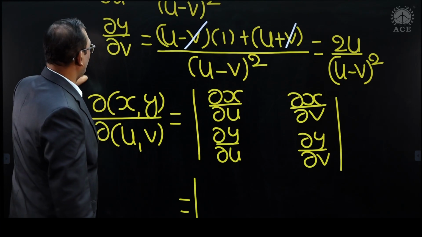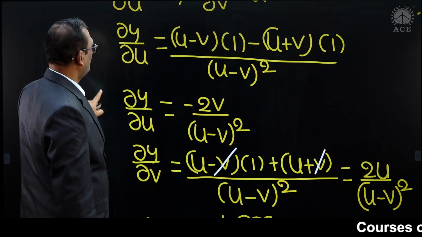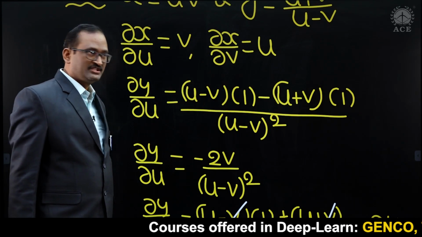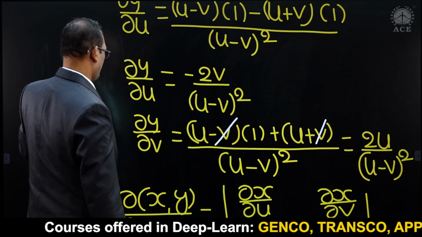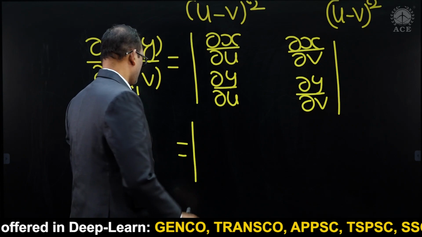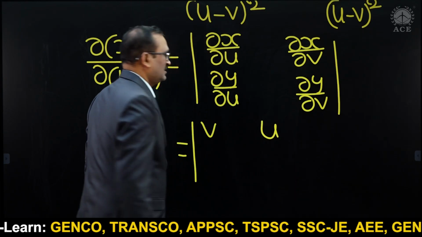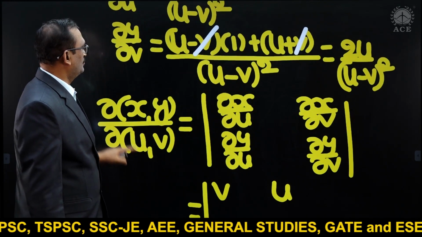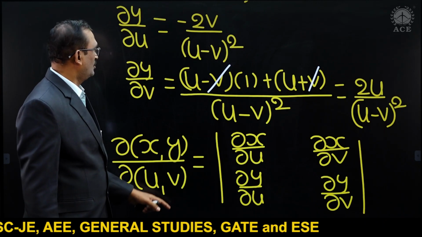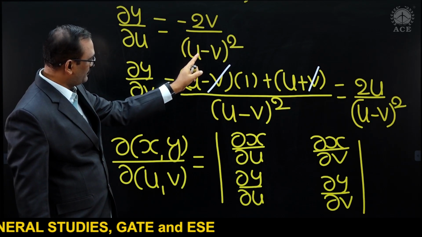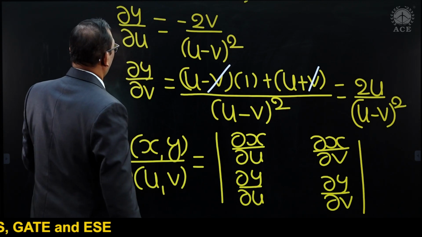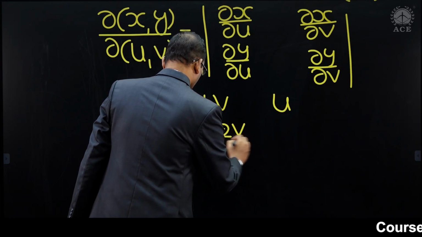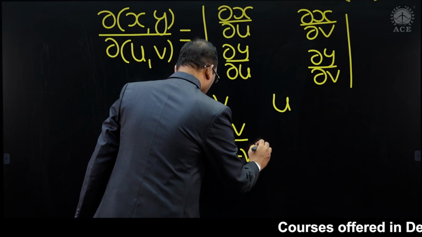What is the value of ∂x/∂u? ∂x/∂u is v, ∂x/∂v is u. What is ∂y/∂u? ∂y/∂u is minus 2v by (u−v) whole square.